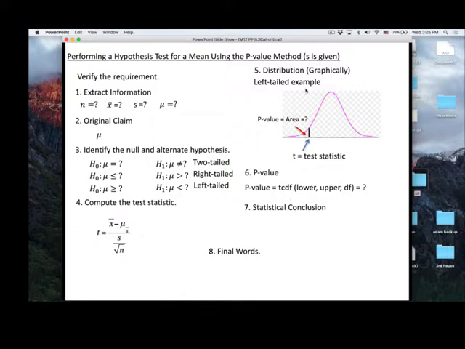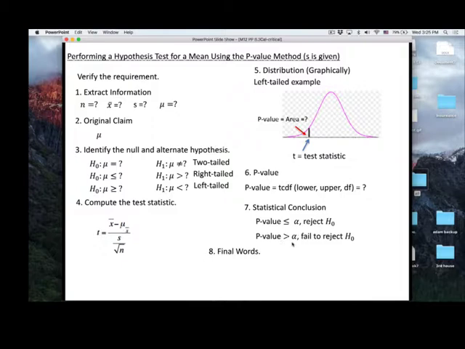Again, this is the left tail example. If you are working on two tails, then you need to multiply by 2. After that, you use your p-value to compare with your significance level. Your alpha is given. If the p-value is less than or equal to alpha, we reject.